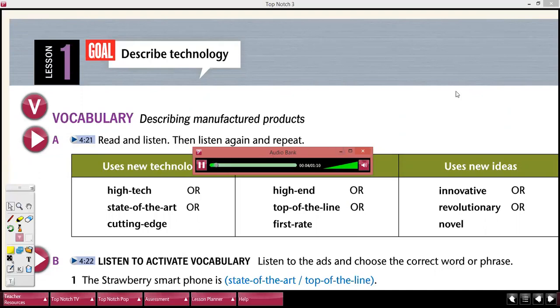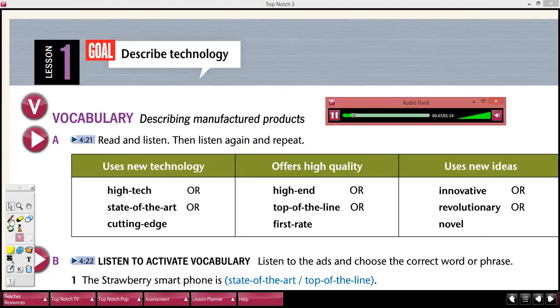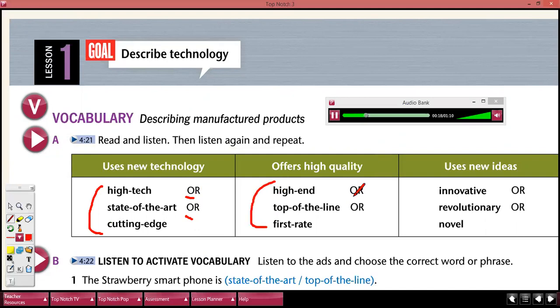Uses new technology. High tech. State of the art. Cutting edge. Offers high quality. High end. Top of the line. First rate. Uses new ideas. Innovative. Revolutionary. Novel.